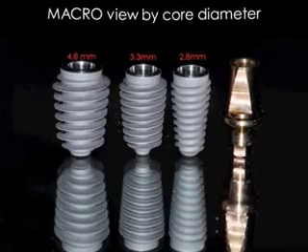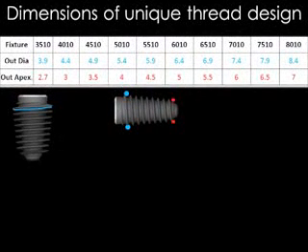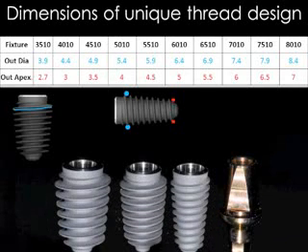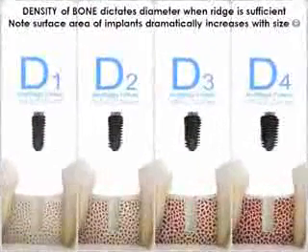Your 3.5 is a 2.8 core, your 4.0 through 5.5 is a 3.3 core, and your 6.0 through 8.0 is your 4.8 core. Note on here the different aspects of the very unique thread design. Again, where the blue lead is, the blue little diagram there, that has an increased lead by 0.4 millimeters circumferentially, so you really get increased stability.